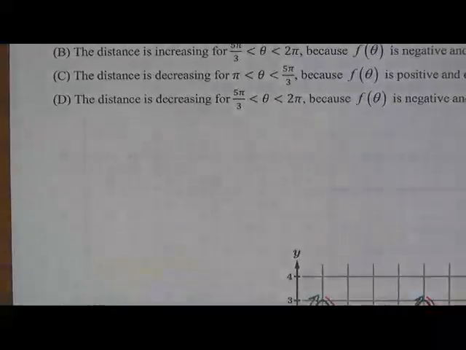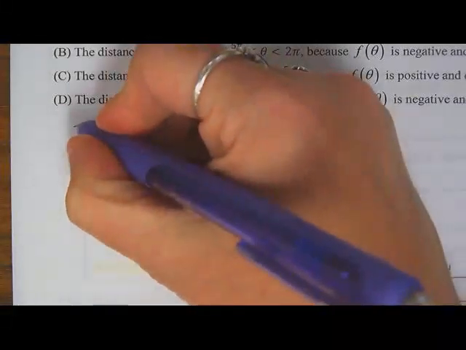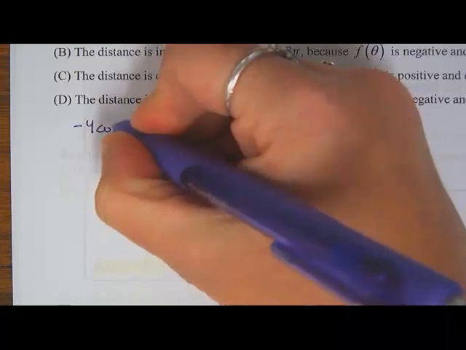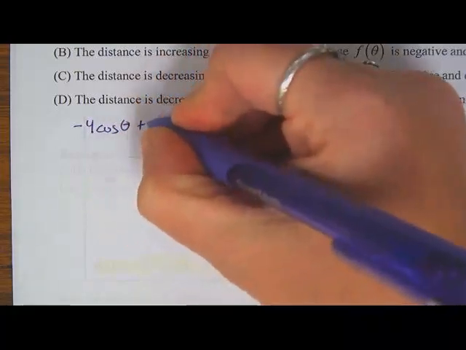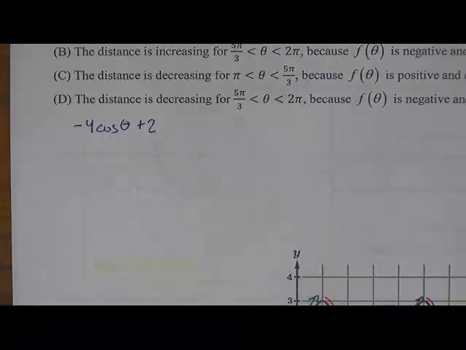We're going to come right down here to this blank space, and I want you to write that as -4 cosine theta plus 2. And the reason I'm having you write that is because back when we talked about transformation, this is how you saw these, when we practiced graphing these before.